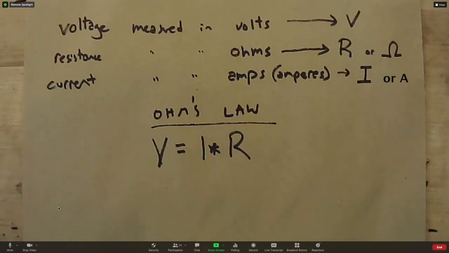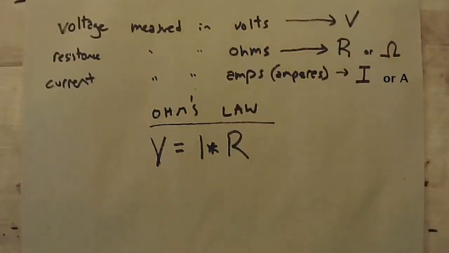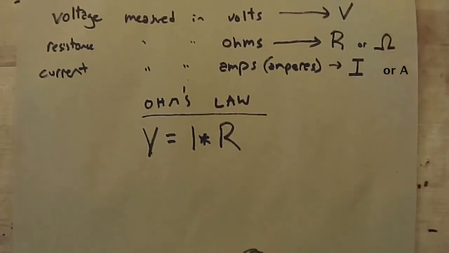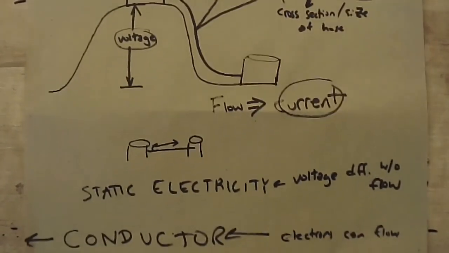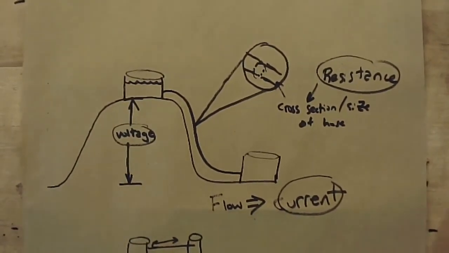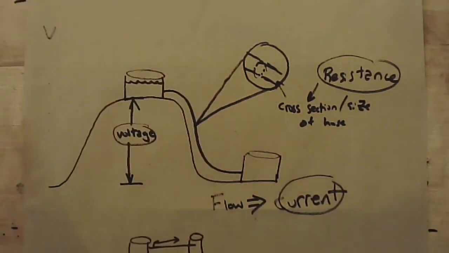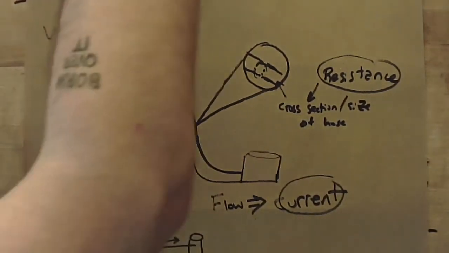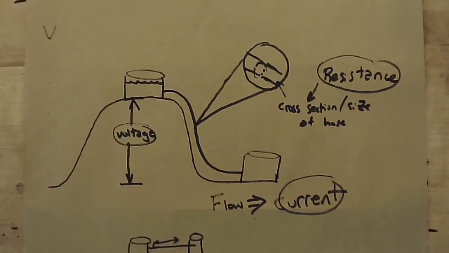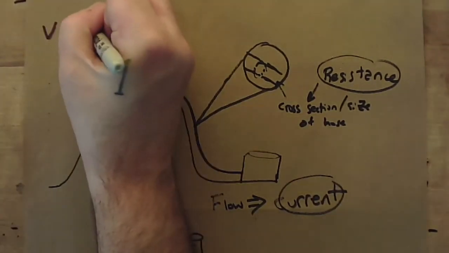So let's take a second to look at that. I'm going to retract my paper a little bit and write our Ohm's law right here again. V equals IR.